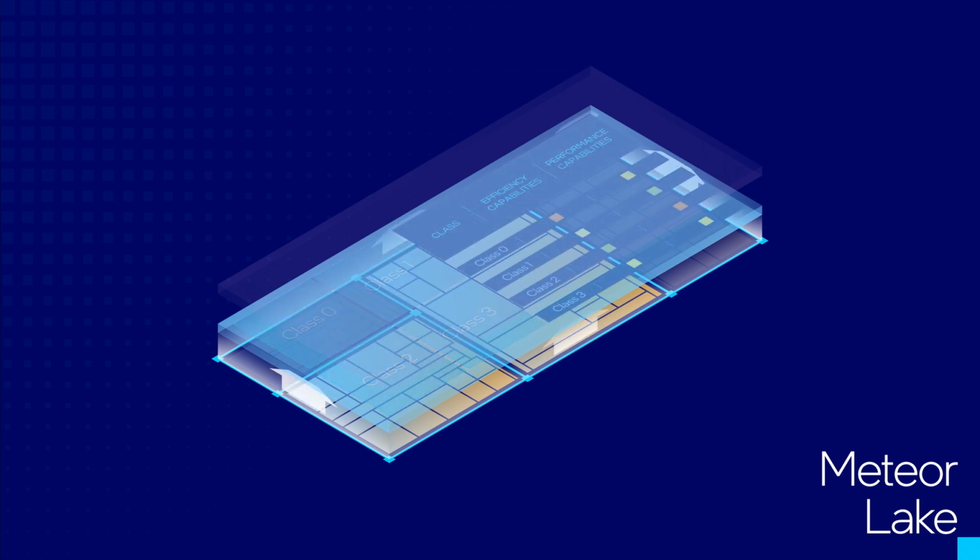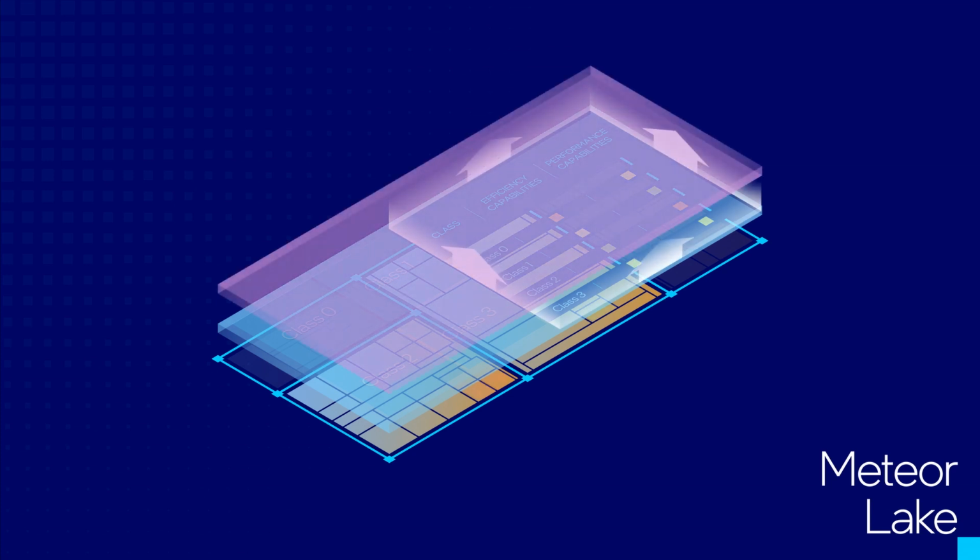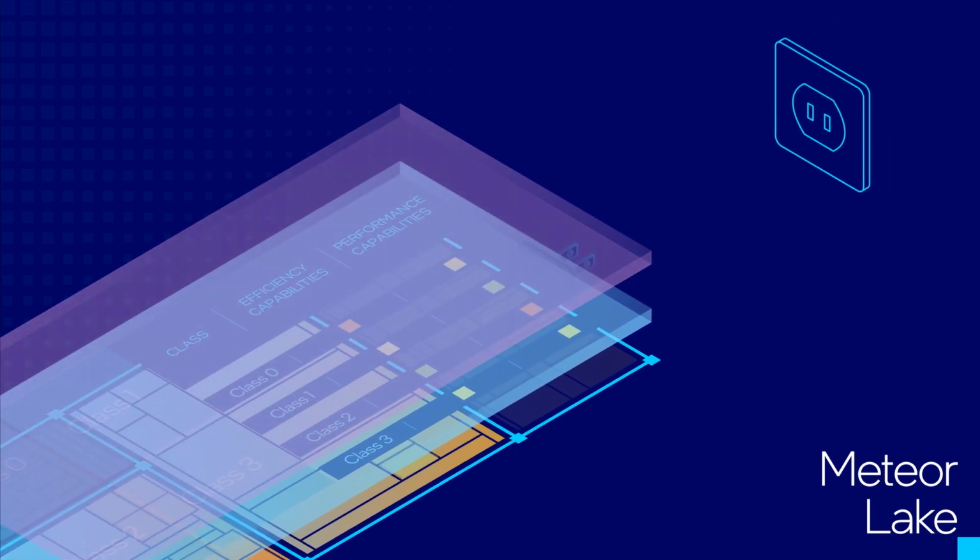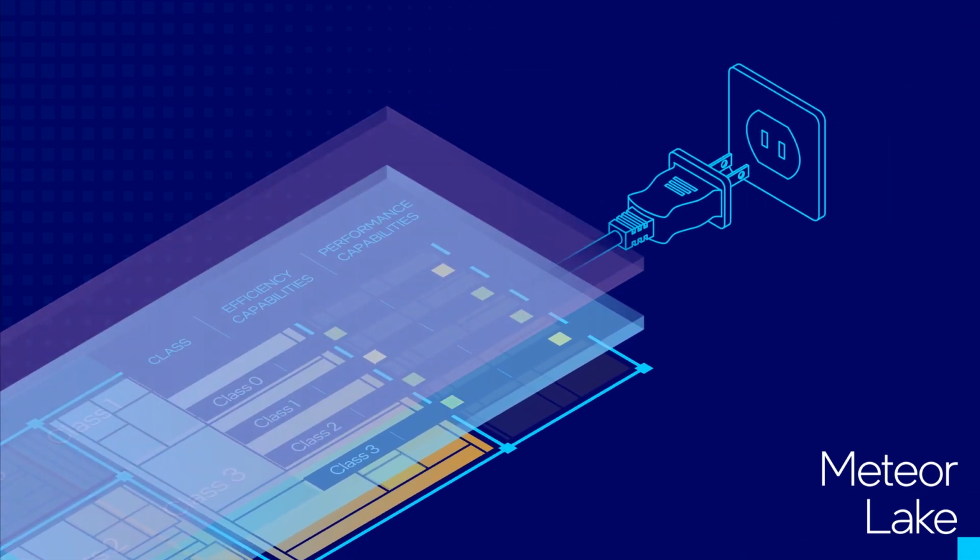The second part is enhanced hardware feedback table, which indicates what is the most performant or efficient core to run the task on. Hardware exposes both performant and efficient core information to OS, so OS can pick relevant cores based on if the system is running on AC or DC power.